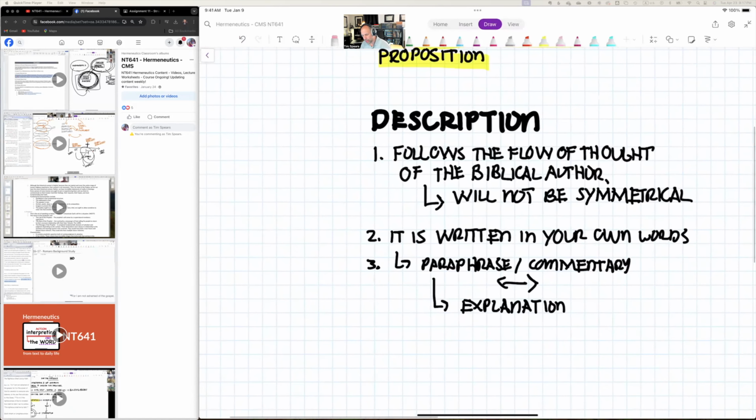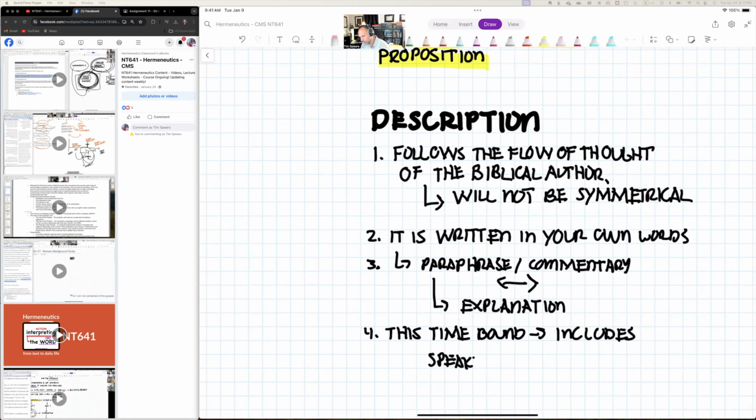Another major point about this is that it is time bound. So this includes the original speaker, audience, and context. Any questions or comments so far?